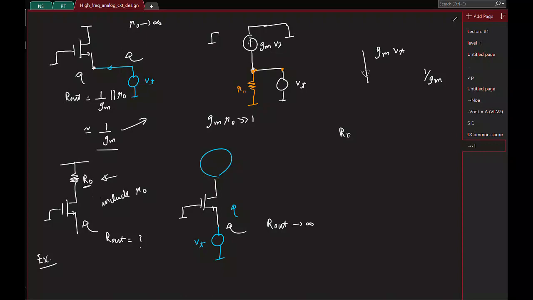But small is a vague term, right? If you say small, it means I'm comparing RD with something else. So you'll find that if RD is much smaller than R naught, then the impedance looking into the source is approximately 1 by Gm, right? And in the limiting case, if you have infinite R naught, then you don't even have to worry.